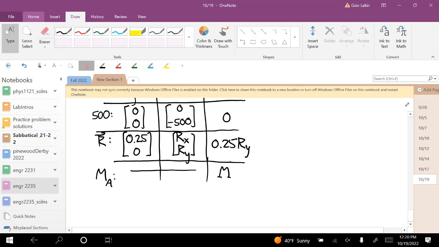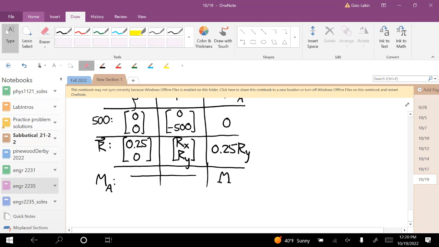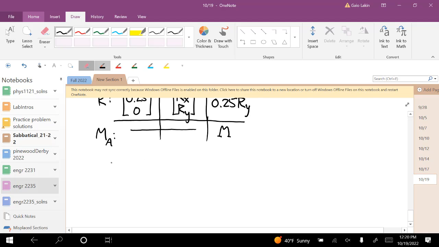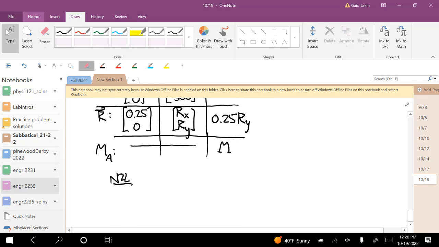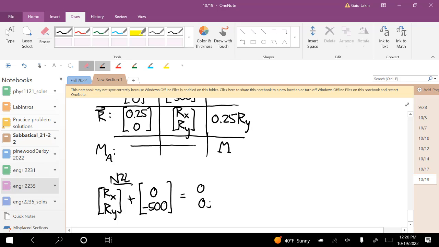And now Newton's second law comes from the second column. The moment equation comes from the third column. So Newton's second law says Rx, Ry plus 0, negative 500 is equal to zeros.